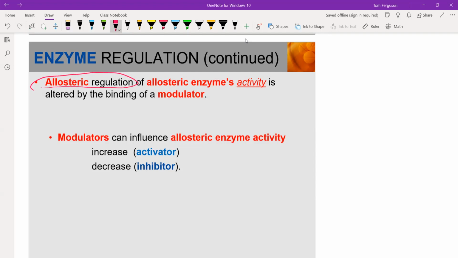This gets into allosteric regulation of enzymes. It can be an activator or inhibitor.